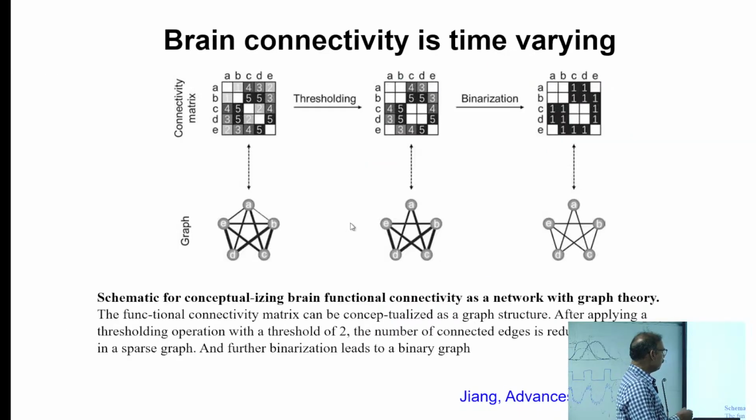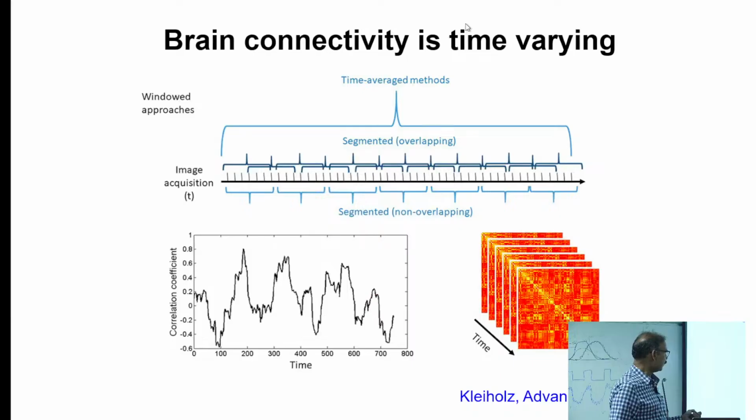So another way that this is done is that, okay, this is between two time points, but you can do it for every region with every other region, or even every voxel with every other voxel, and make a correlation matrix like this. And then for each time point, you can generate a series of correlation matrices, right?